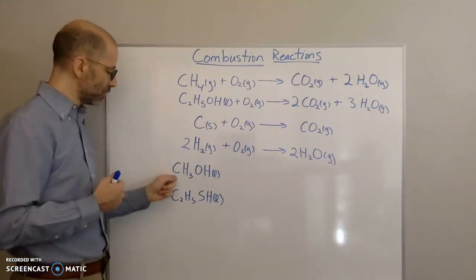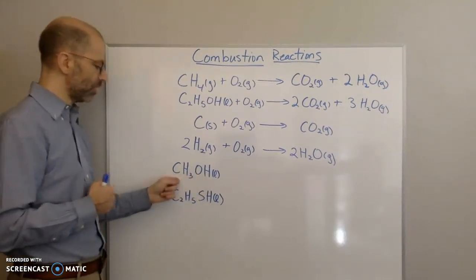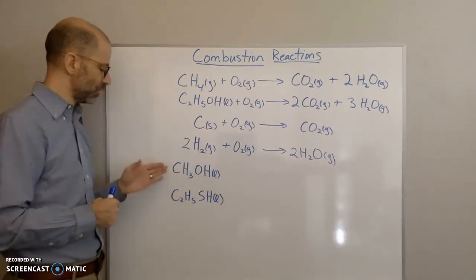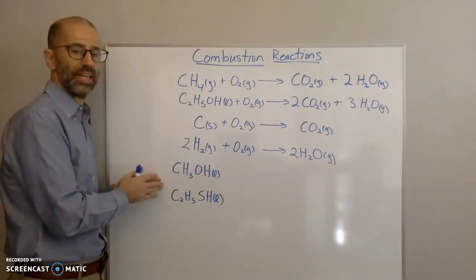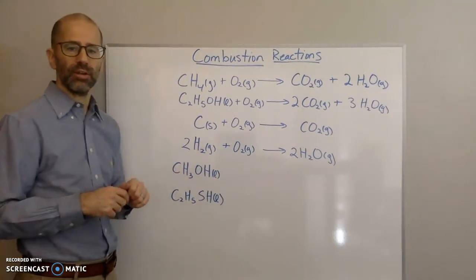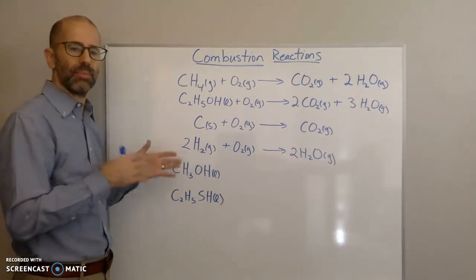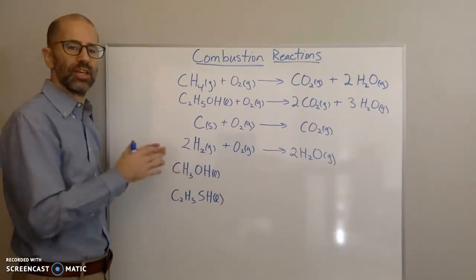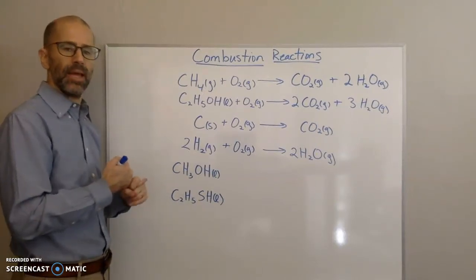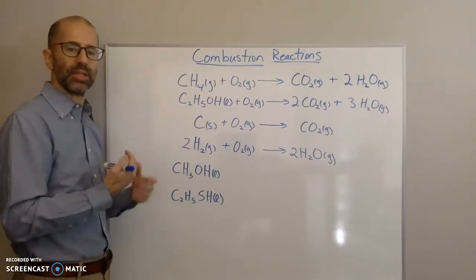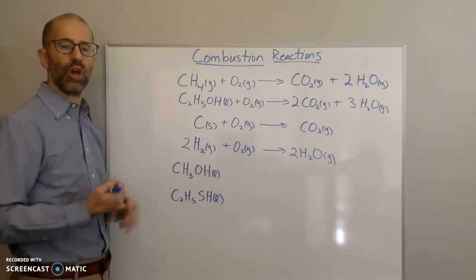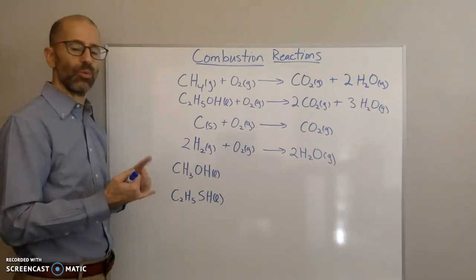So here we have something with carbon, hydrogen, oxygen. If they ask you what the combustion reaction is for this substance, and that's all they give you, then you should know that if something reacts completely with oxygen in complete combustion, you get carbon dioxide and water.